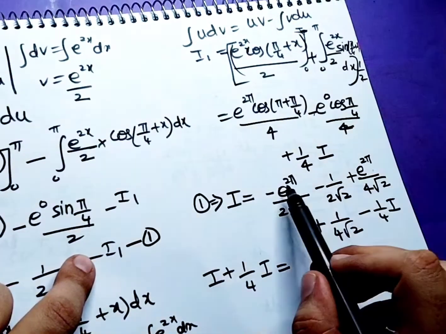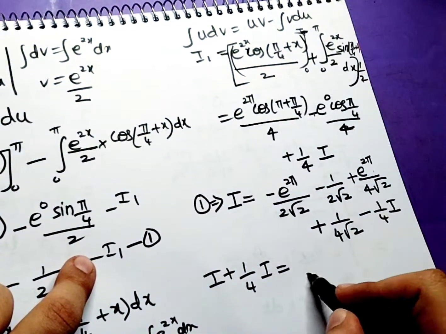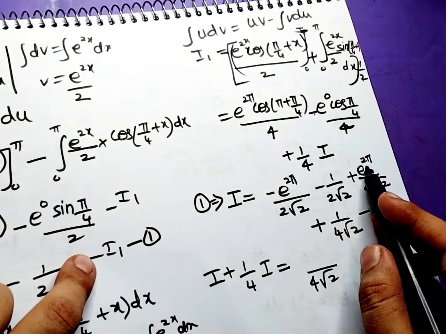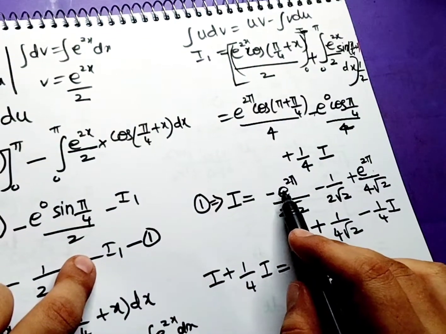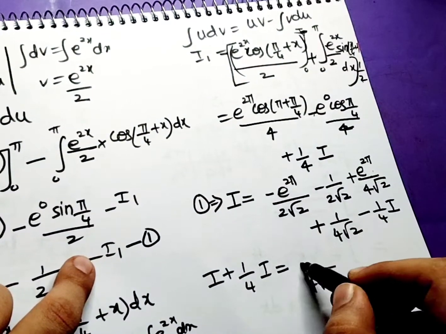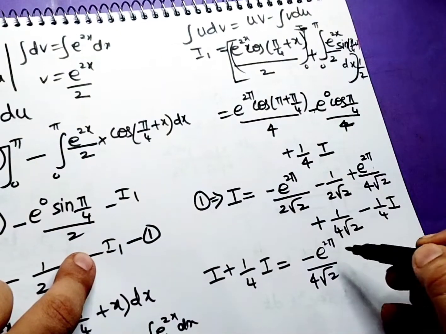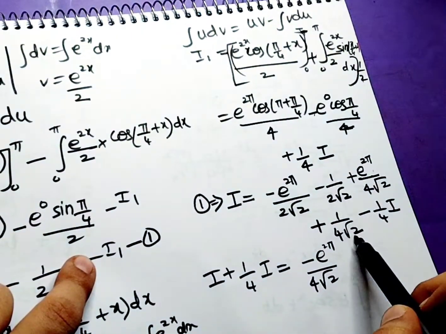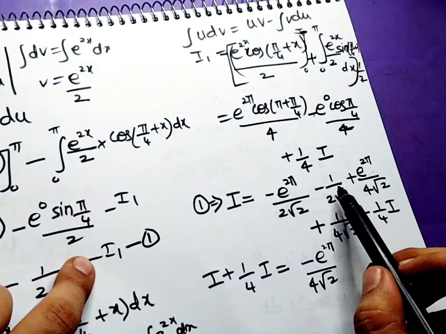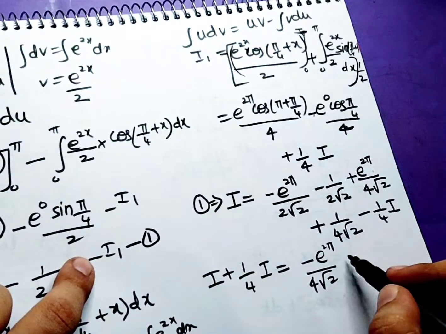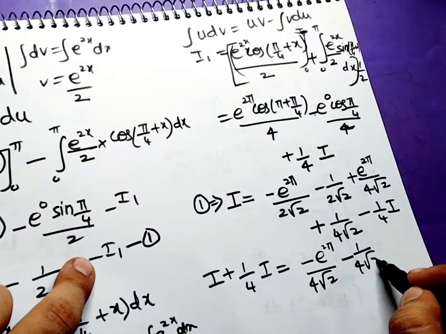Here, when we combine these two parts, 4 by root 2 will be the LCM. So e power 2 pi minus 2 into e power 2 pi. So it is minus e power 2 pi minus 1 by root 2 plus 1 by 4 root 2. So we'll multiply with 2, isn't it? Is minus 2 plus 1 minus 1 by 4 root 2.